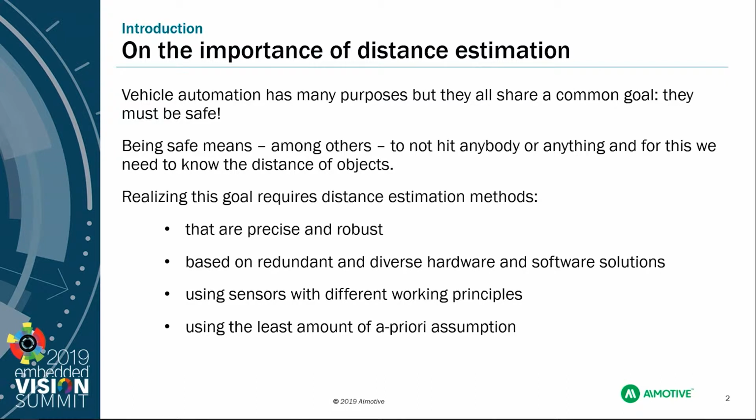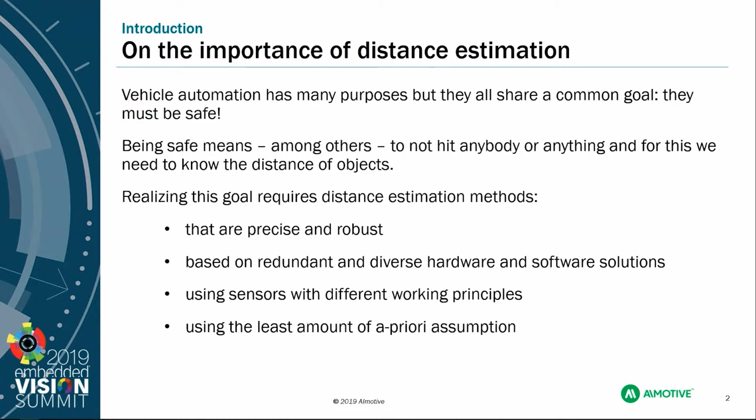As mentioned, automated driving has many purposes. There is no such thing as a self-driving car. There are many different use cases, many different operation domains, many different requirements and safety levels. And all these different solutions and business use cases use different sensor setups, different operation conditions, etc. What I want to say with this is there is no single golden solution, not for perception, not for decision making, and not for distance estimation.